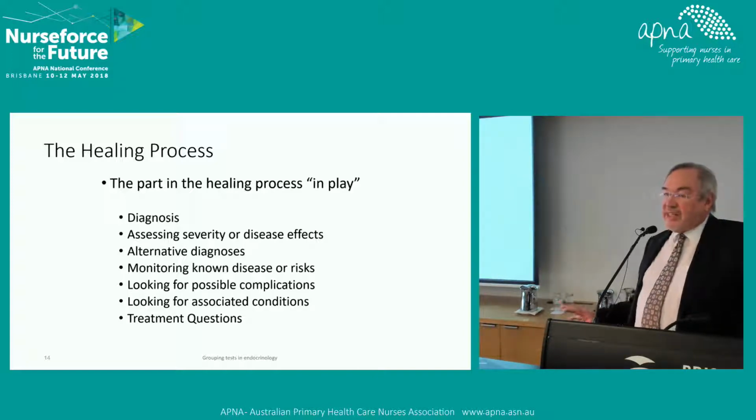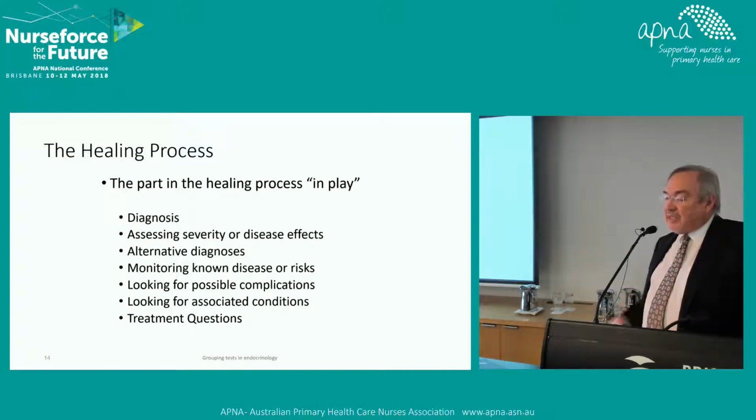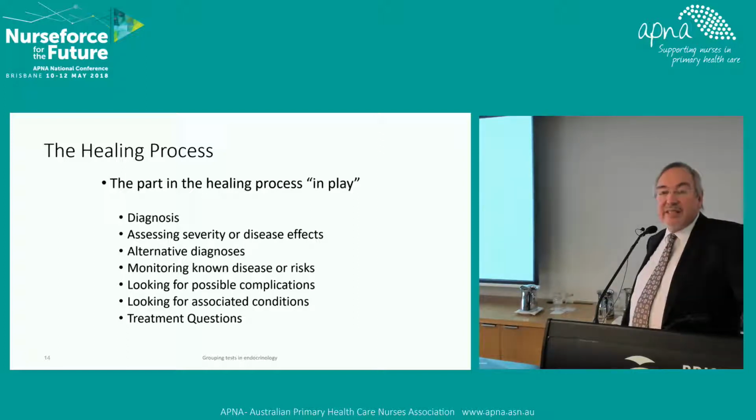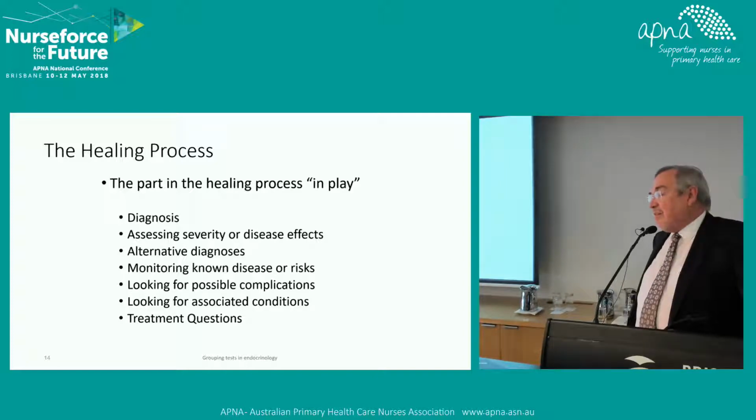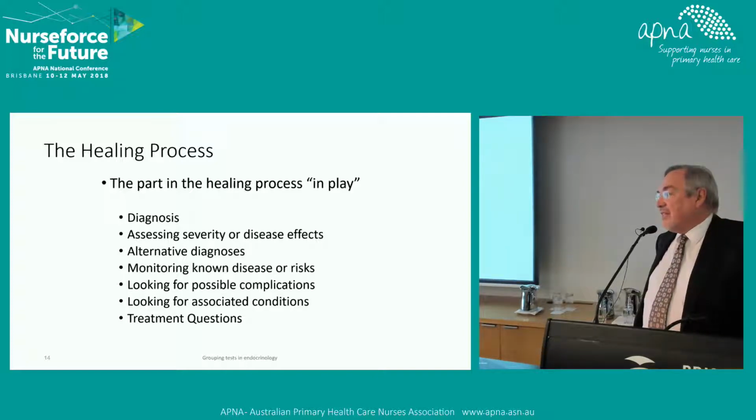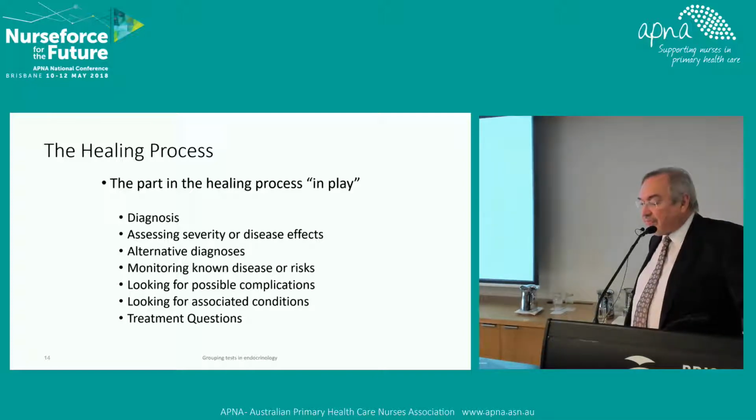You might be wanting to make a diagnosis about a particular condition, and so for example in familial hypercholesterolemia that's what you're largely doing. The other thing you can be doing is assessing the severity of a particular condition, or you might be looking for disease effects in a particular condition. So if they're, for example, diabetic, how much is their hyperlipidemia contributing to their cardiovascular risk?